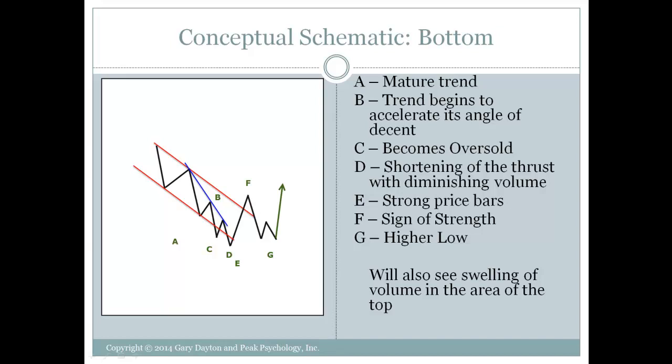Tops generally take longer to form, though not always, especially major tops in the stock market or the S&Ps. They take longer to form than bottoms. It's harder for people to sell or sell short than it is to buy something. That's just the nature of people and traders.